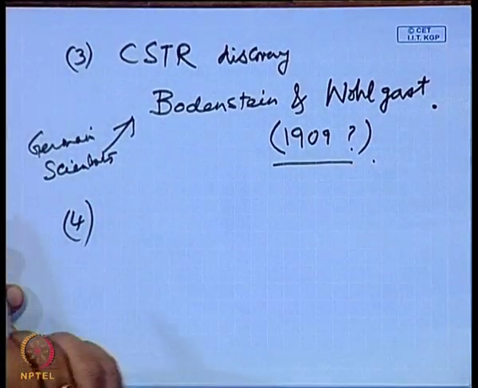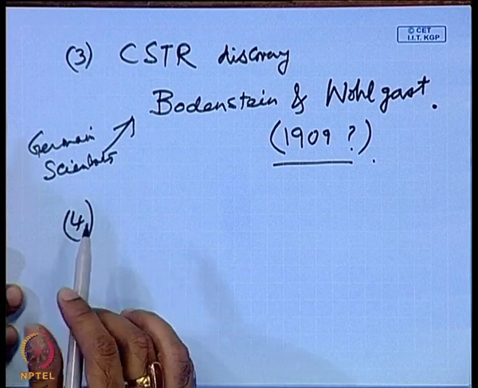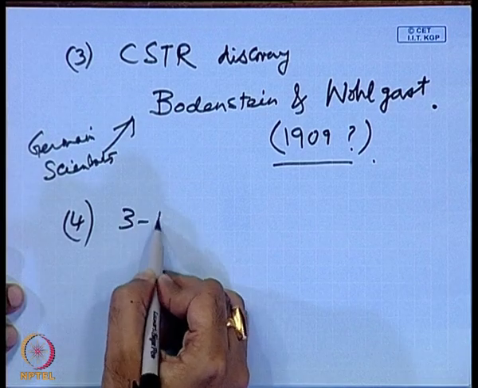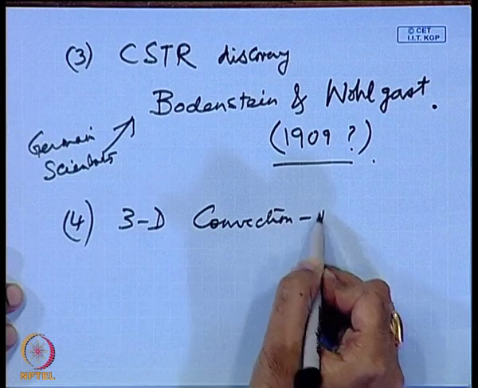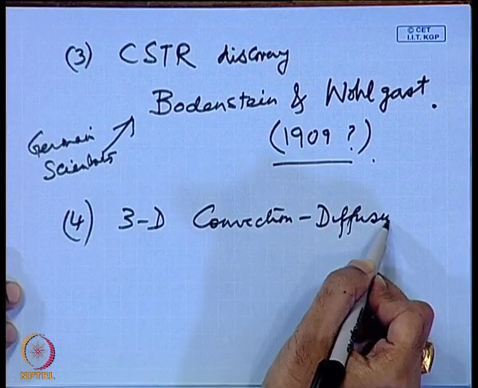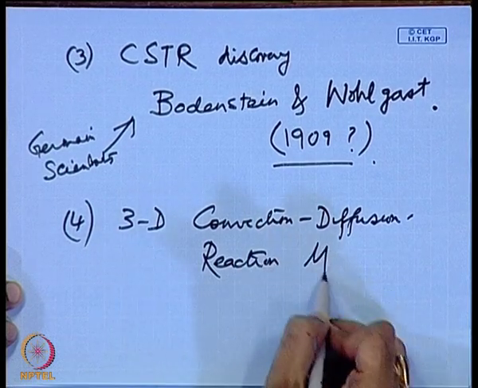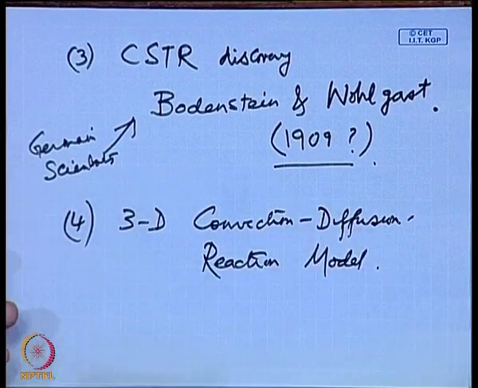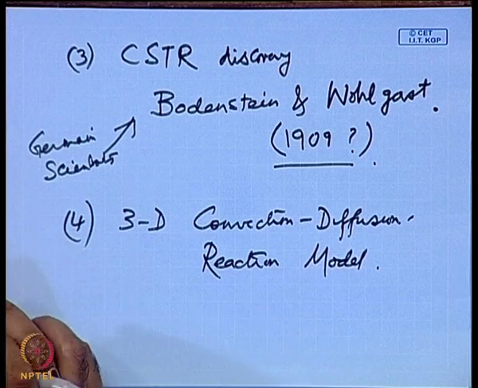Now, the fourth thing, the important thing, is not the loop and the recycle reactor models, but something related to it: the three-dimensional convection diffusion reaction model. Okay. So, this is very important also.